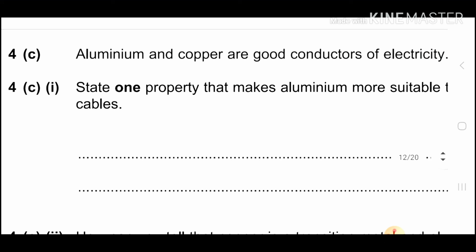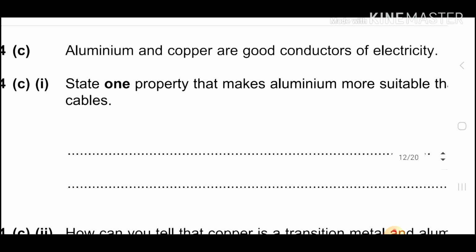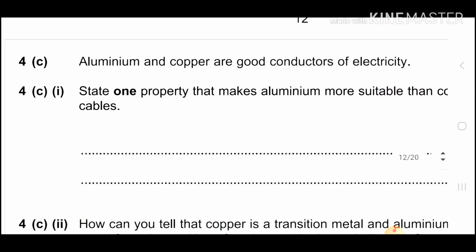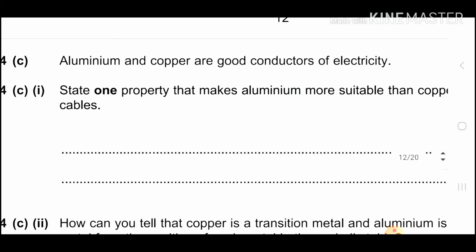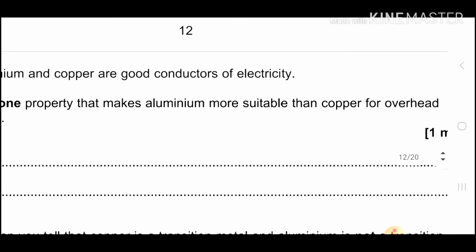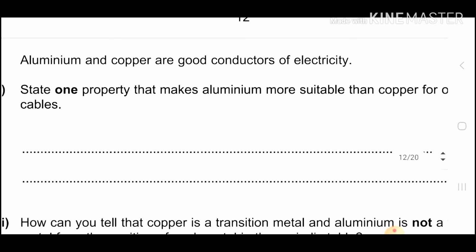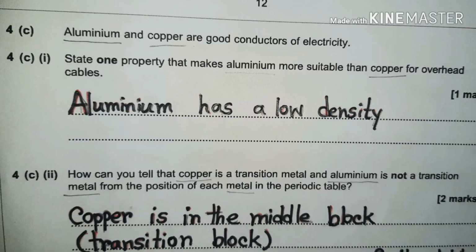Next one, that is 4C. Aluminium and copper are good conductors of electricity. State one property that makes aluminium more suitable than copper for overhead cables. Aluminium has a low density.